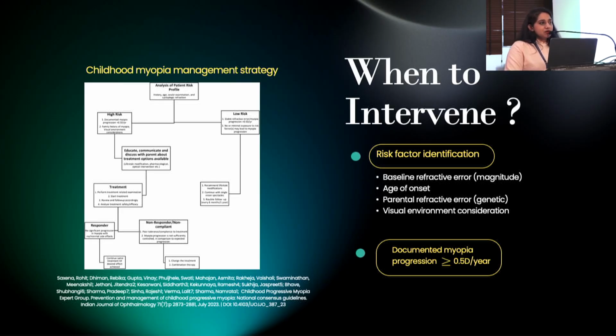So you stratify the children, identify whether they are high risk or low risk, and follow up, and with documented progression of more than 0.5 diopter per year, we start the intervention. What are those interventions? It can be pharmacological or optical interventions and more. So we will be dealing with that right now.